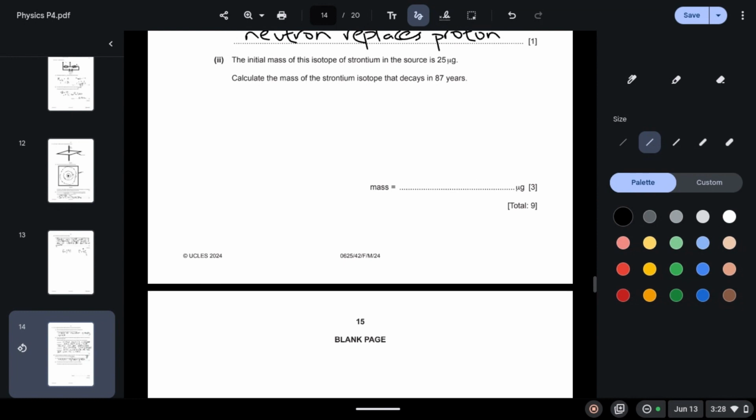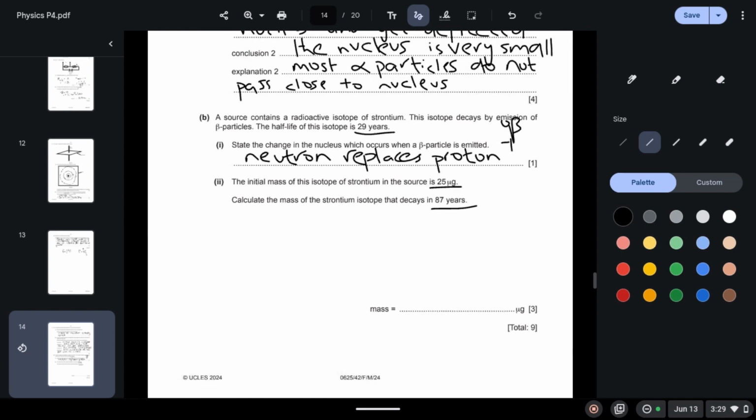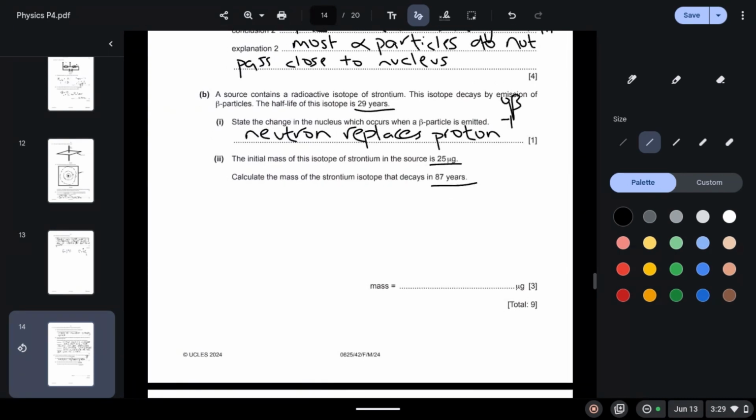The initial mass of this isotope of strontium in the source is 25 micrograms. Calculate the mass of the strontium isotope that decays in 87 years. So the half-life is 29 years, so 87 years means 3 half-lives. So after the first half-life, this would become 12.5.